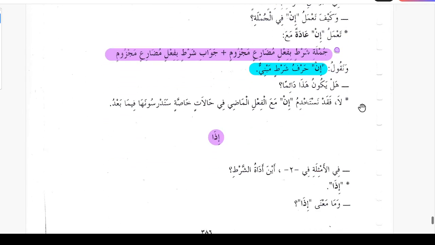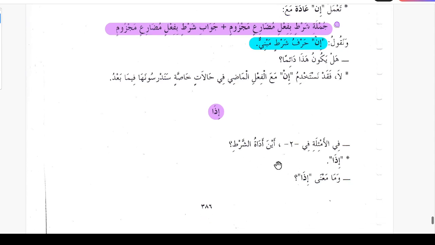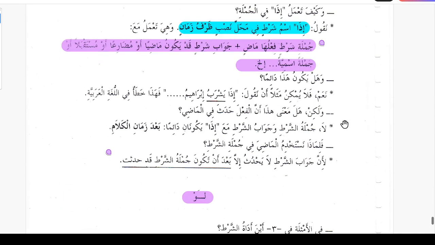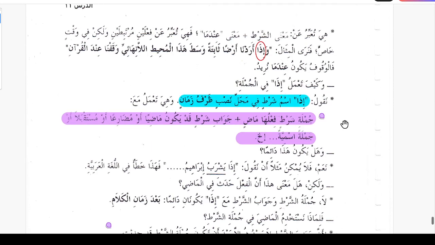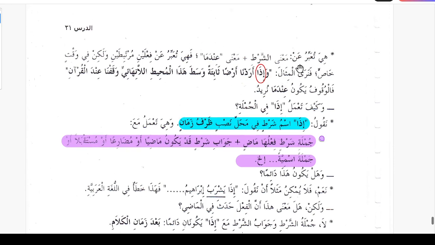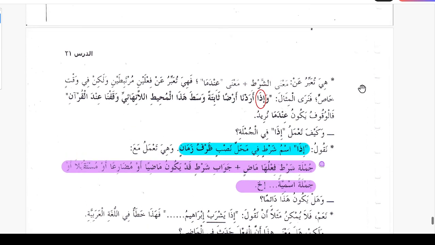In example number 2, the adatu shart is iza. What is the meaning of iza? Here it specifies the meaning of the shart with the meaning of when. It means it locks the condition in a specific time.